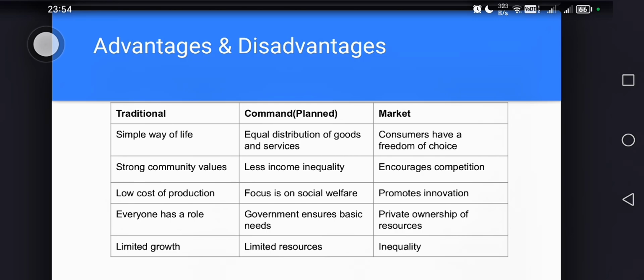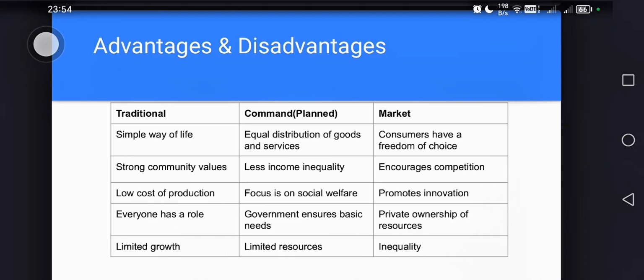Just like education, the government ensures that everyone has good access to education, everyone has good access to health. Whether you've got money or no money, you are catered for, especially here in South Africa. And there is less income inequality, like I've just explained.